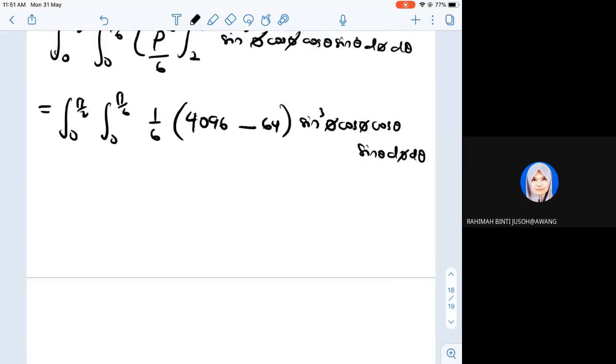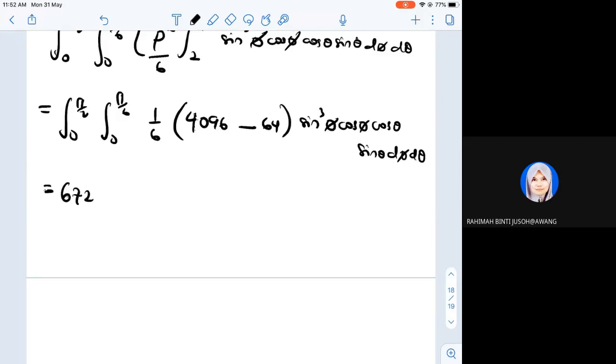Okay, so 4096 minus 64 divided by 6. We will get 600 something, right? Calculate, guys. I want to take this constant out. 682.67. Subtract first, then divide by 6. 672, right? There are no decimal points, I think. It is even. 672. Okay, thank you so much.